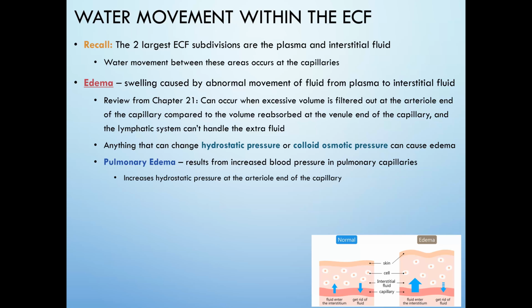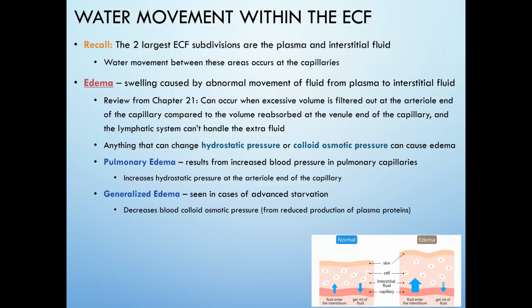This would be an example of an increased hydrostatic pressure at the arterial end of a capillary. Generalized edema is seen in cases of advanced starvation. This is when you have a decreased blood colloid osmotic pressure from a reduced production of plasma proteins, because you're starving and you just don't have the resources to make those plasma proteins.